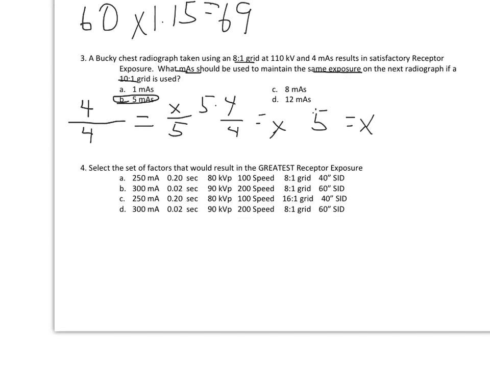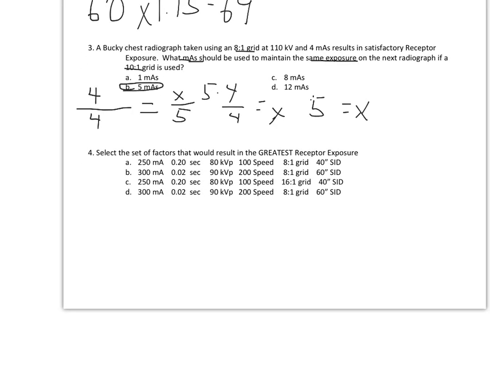Next we have a set of factors, and I want to know which of these sets of exposure factors would give the greatest receptor exposure. And so in this situation we're going to use our formula again, where we have mA and then the exposure time on top, multiply these, times a kV factor. And for this we use 1 for 80 and 2 for 90.